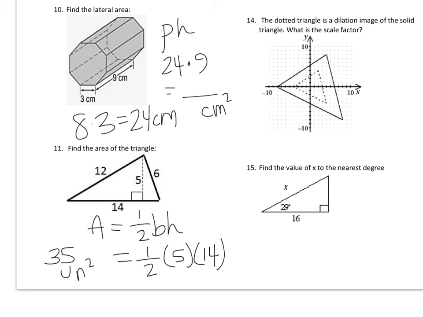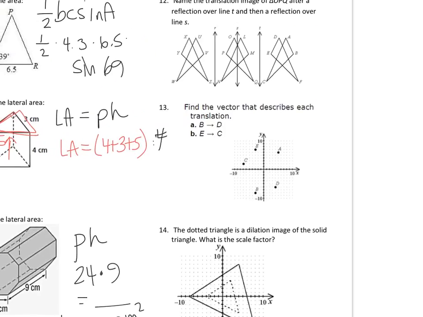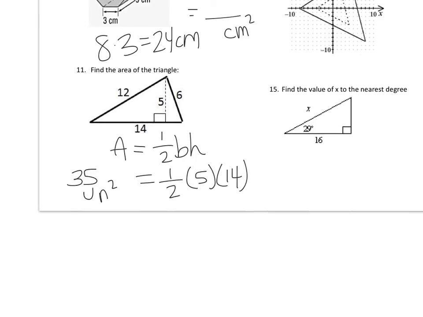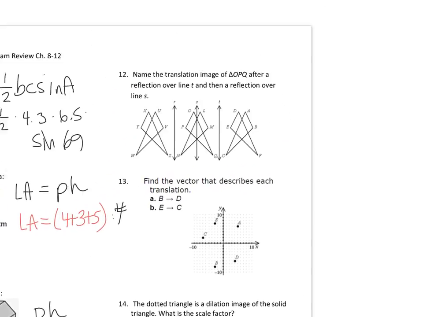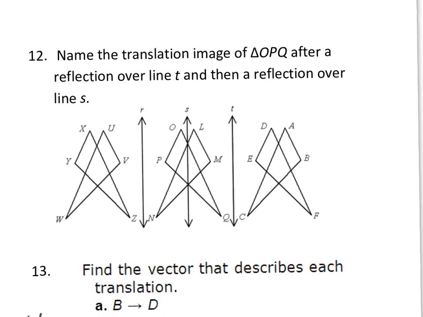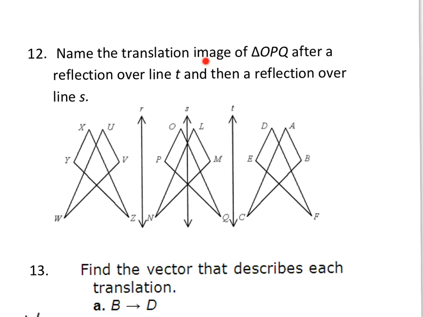And number 12. Name the translation image of OPQ after a reflection over line T and a reflection over line S. So first what I'm going to do is I'm going to shade OPQ. Color it in.